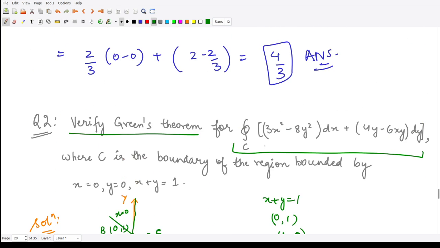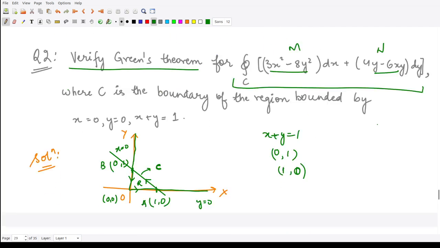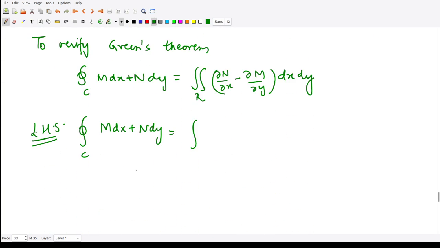What is M here? M is this, and this is your N, right? So first of all, we are to break our curve C into straight line portions.